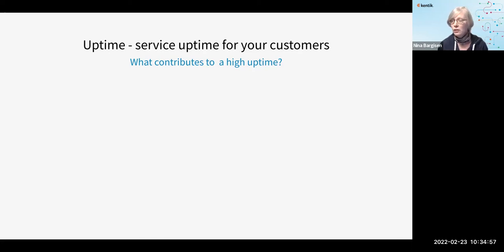Of course, the customer's connection has to be up, but everything else doesn't really matter. What matters is that they can reach the service when they want. So how can we secure that?